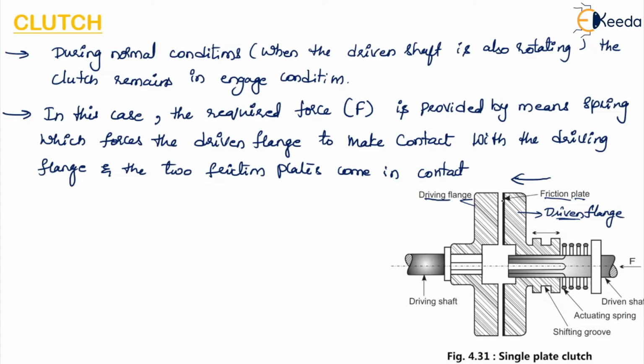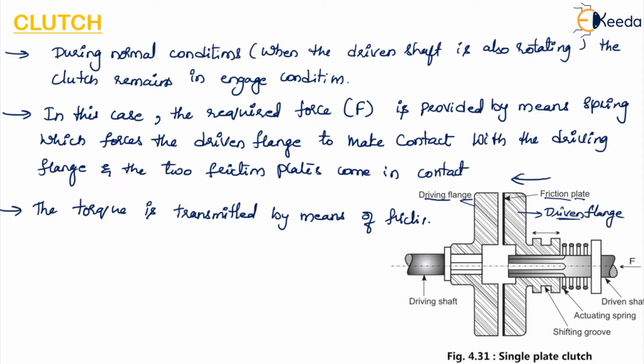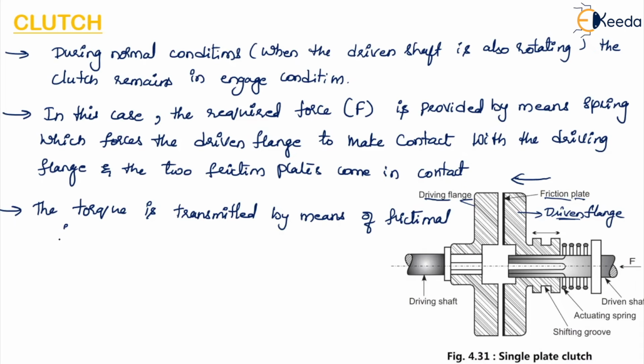Here there is a friction plate lining, and because of this friction plate the torque is transmitted by means of frictional forces between the two plates.